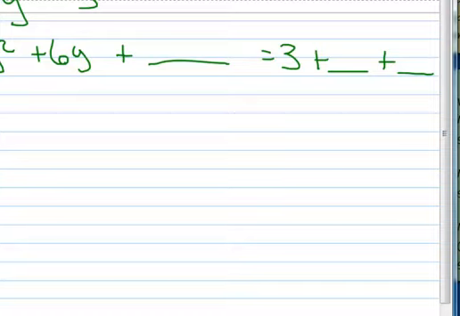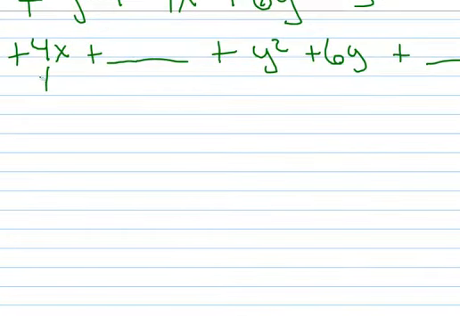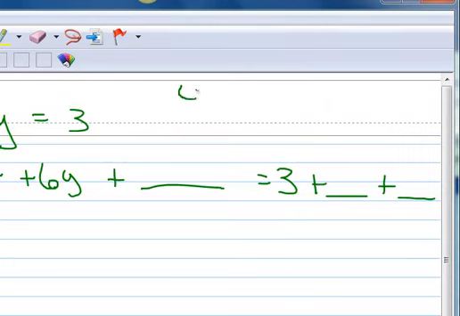So the first thing I want to do is look at this 4 right here. This is the coefficient of the x term. I'm going to come over to the side. This is my side work right up here. I take that 4 and divide it by 2. 4 divided by 2 is 2. Then I square it, and I get 4.